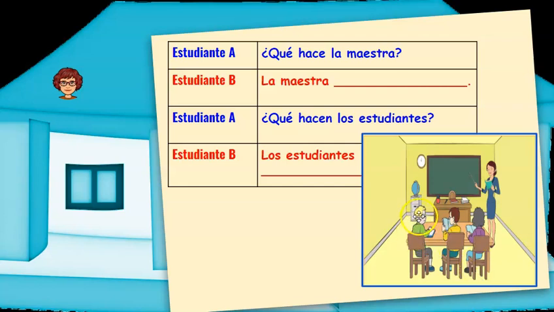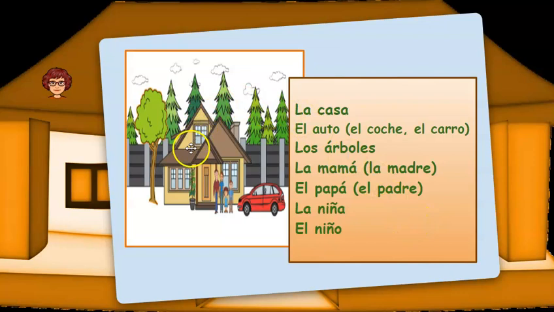All right, moving on. Estamos en otra escena, so la casa. Esta es la casa, el auto, o in other countries they say el coche or el carro, los árboles, la mamá, el papá, la niña y el niño.